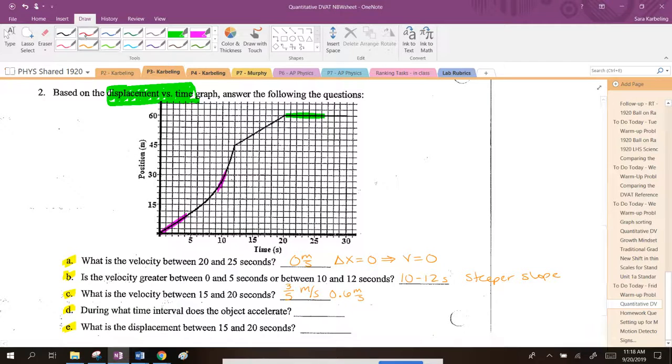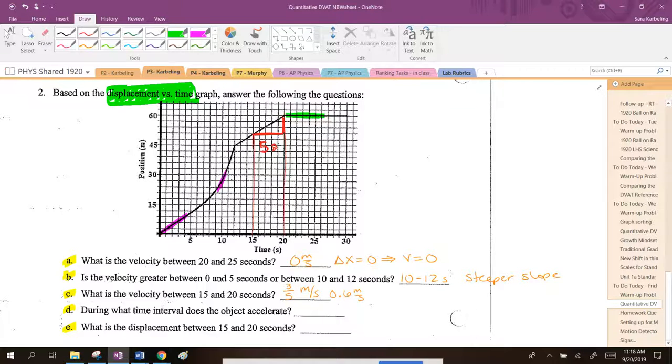Hold on just a second. I just want to make sure that I agree with this. Between 15, so here's 15 seconds, and here's 20 seconds. So this is my rise. This is my run. So the run is 5 seconds. We all agree with that? And what is the rise? 9.